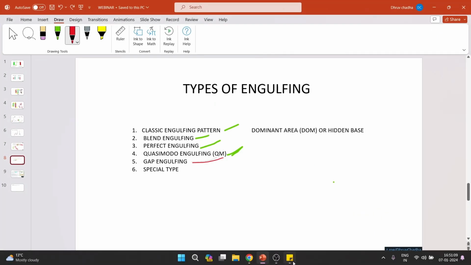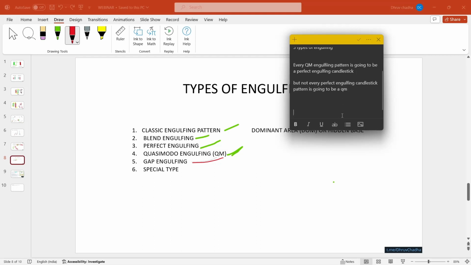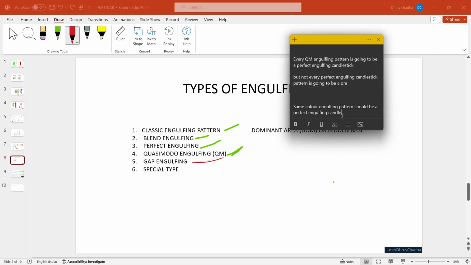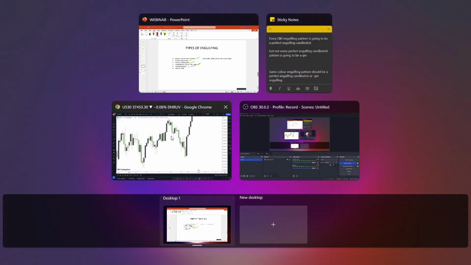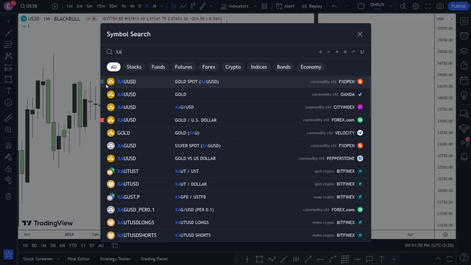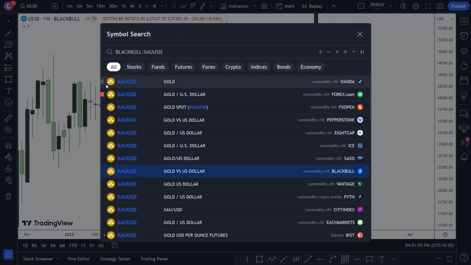But before that, I want to tell you that a same color engulfing pattern should be a perfect engulfing candlestick or a QM engulfing. I will tell you the reason behind it. So let me see some examples.